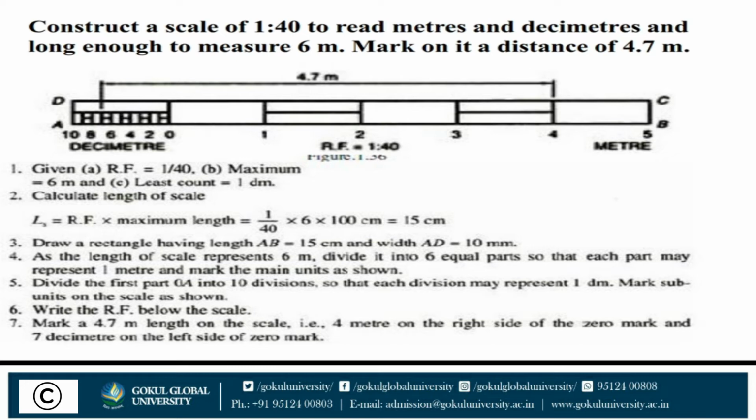Divide the first part OA into 10 divisions, so each division may represent 1 decimeter. Mark subunits on the scale as shown. Write RF below the scale. Mark 4.7 meter length on the scale, means 4 meters on the right side of the 0 mark and 7 decimeters on the left side of the 0 mark, as shown in the figure.